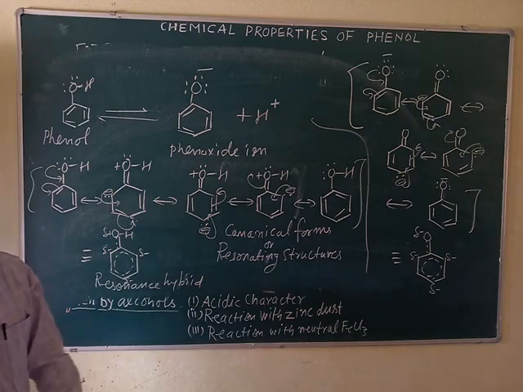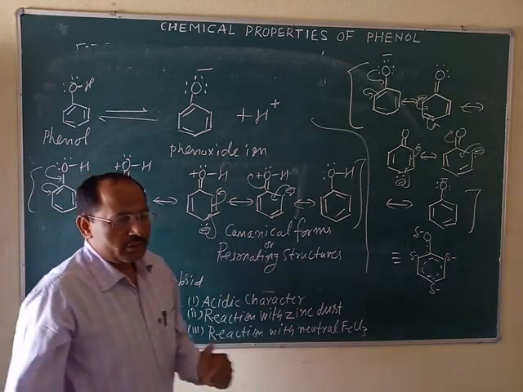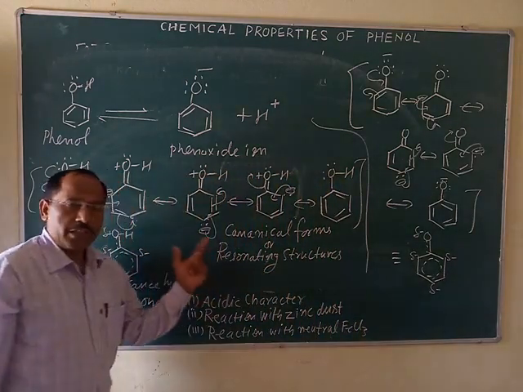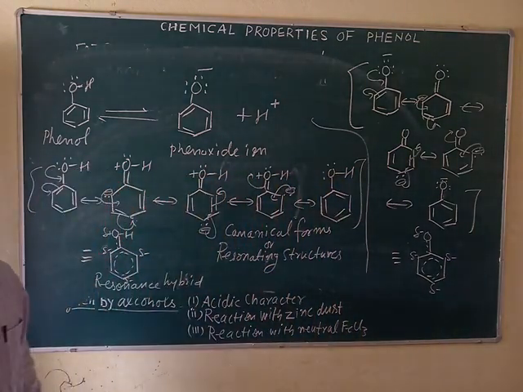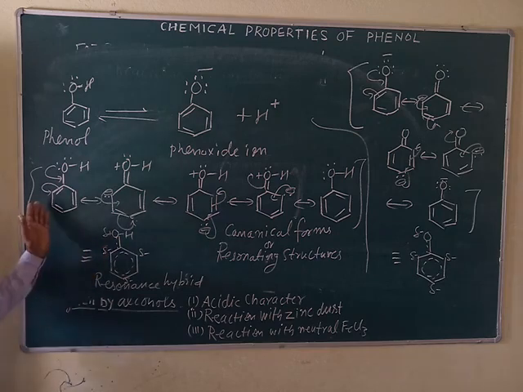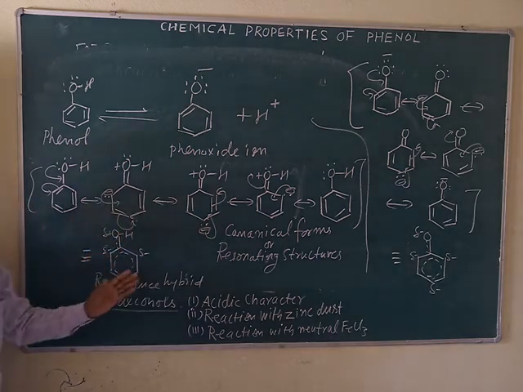Now the third factor is charge separation. With the help of charge separation, we can compare the stability of phenol and phenoxide ion. In the case of phenol, two different types of charges are present in its resonating structures and in its resonance hybrid.